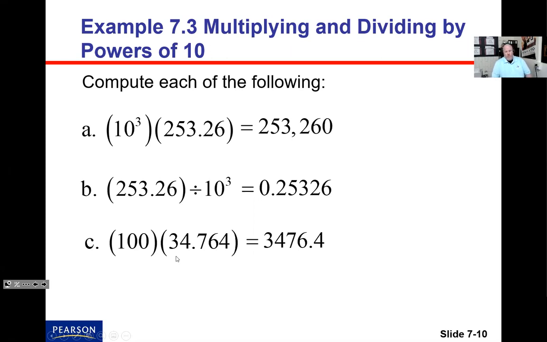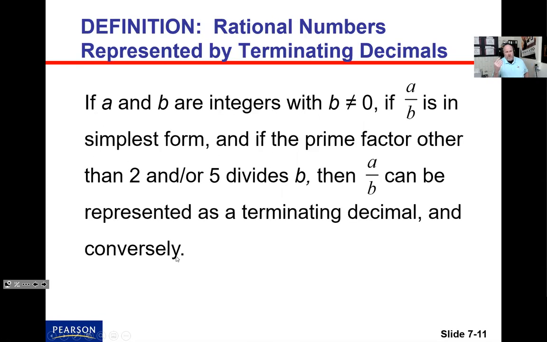Now, we talked about natural numbers, remember, which are counting numbers, 1, 2, 3. Then we add whole numbers, 0, 1, 2, 3, and keep going up. Then we added integers, all the negatives and all the positives. Now we want to talk about rational numbers.